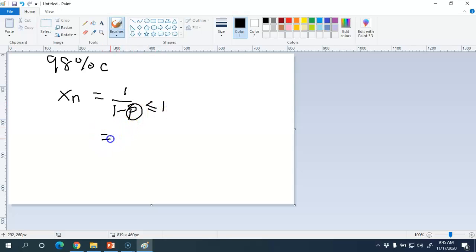So we get 1 over 1 minus 0.98, which means that the degree of polymerization achieved for 98% conversion is 50. So Xn is 50, not percent. It has no units.